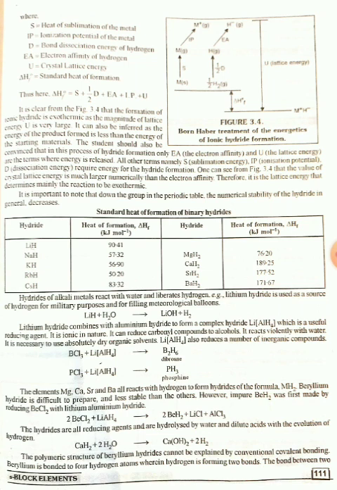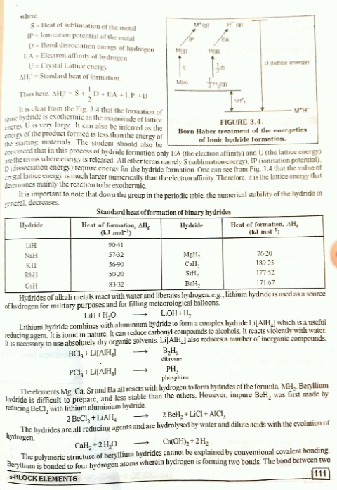All other terms, namely sublimation energy, IP, ionization potential, and D, dissociation energy, require energy for the hydride formation. One can see from figure 3.4 that the value of crystal lattice energy is numerically much larger than the electron affinity. Therefore, it is the lattice energy that determines mainly the reaction to be exothermic.